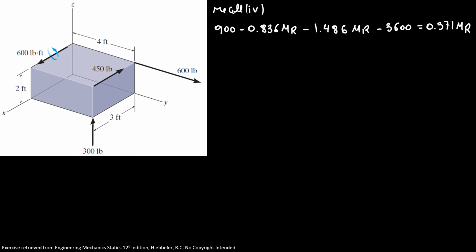So here we have 2.69 times our resultant moment equals minus 2700. So the magnitude of our resultant moment equals minus 1004 pounds-feet. So here is our resultant moment.